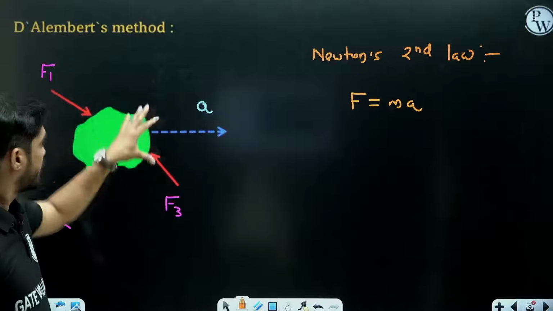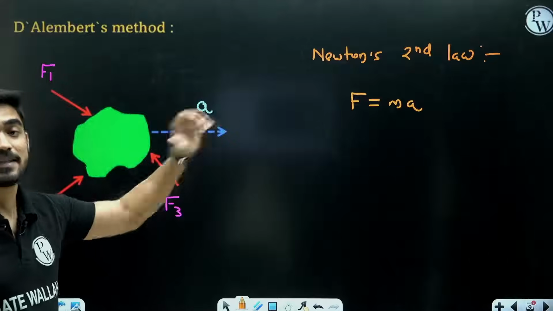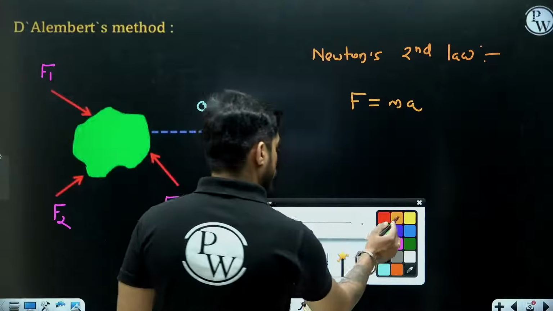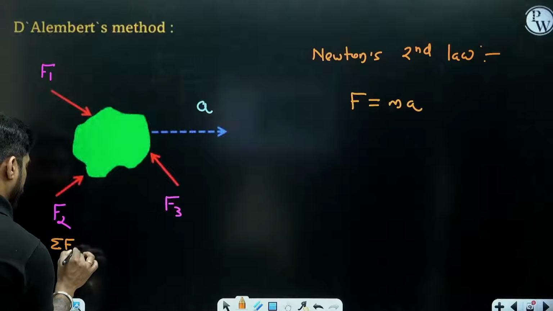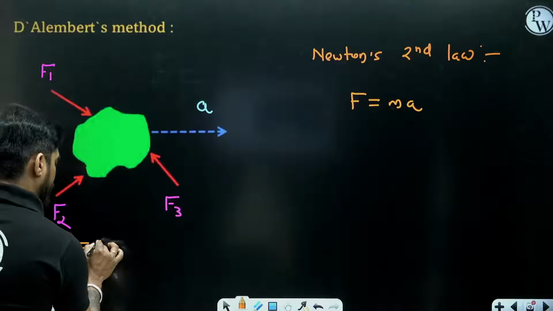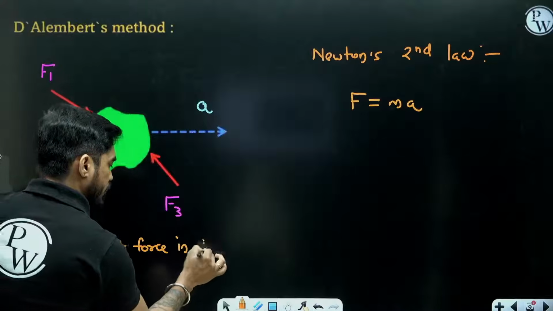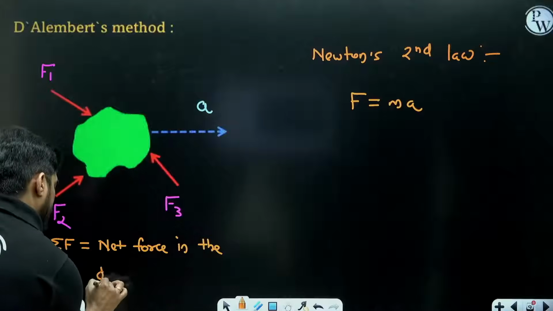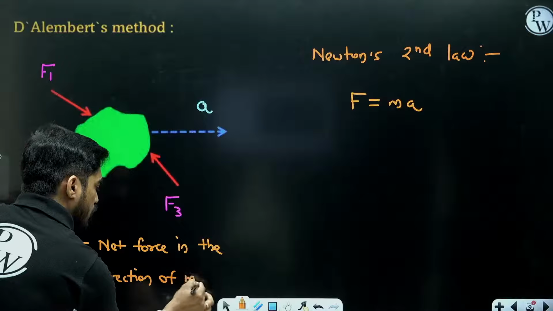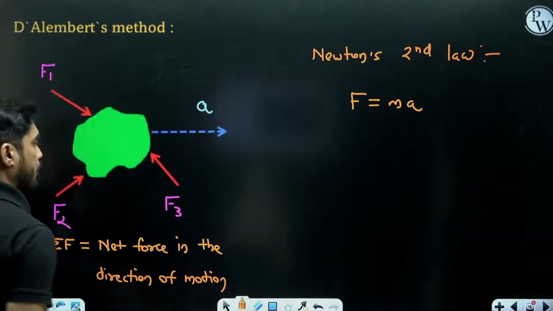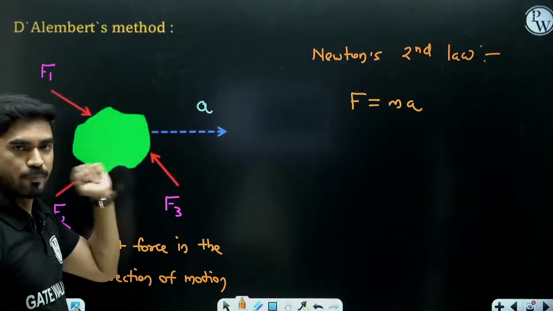It means the net force, the resultant force, is in X direction. So here, summation of F is, let's say, the net force in the direction of motion. Right now that direction is plus X direction.